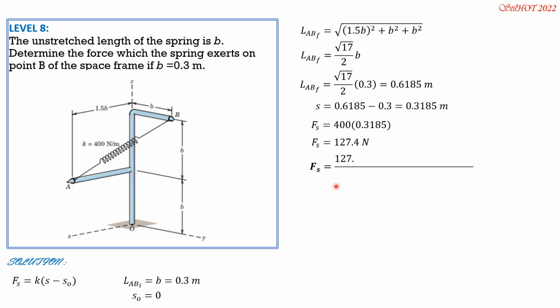So it is magnitude of force times (1.5 times 0.3i minus 0.3j minus 0.3k) over the length of AB, or distance AB, which is 0.6185 final. So in component form, 90.73i minus 61.79j minus 61.79k. So that's it, newtons.